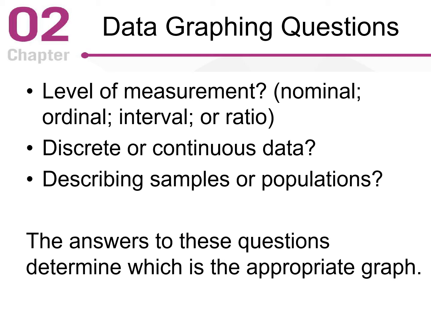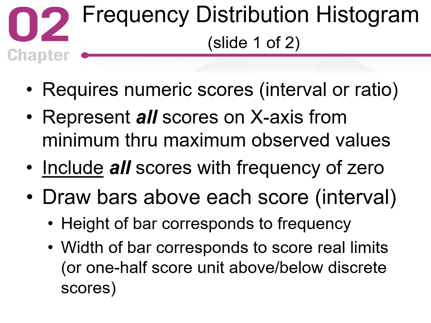Right now, if you have a sample, you could do your histogram, you could do your frequency distribution or group frequency distribution when your sample is relatively limited, relatively small. So to do the histogram, you need to have all the values or all the scores, and you've got to list those scores on the x-axis, minimum through maximum.